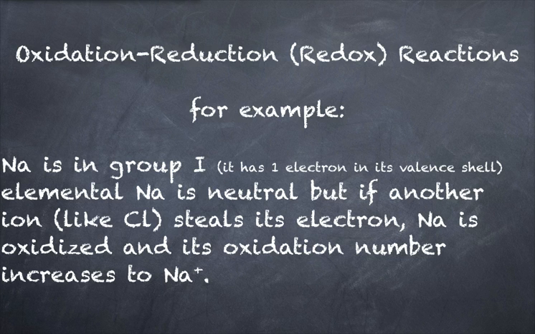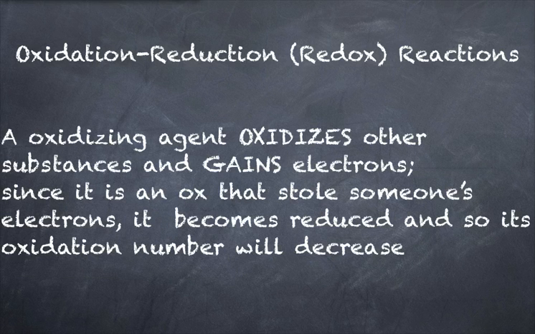If another atom steals that electron, say chlorine, sodium becomes oxidized because it has one fewer electron, and its oxidation number moves from 0 to positive 1, so it becomes more positive. As it becomes oxidized, its oxidation number goes up. For every electron stolen, its oxidation number goes up one, from 0 in this case to positive 1.